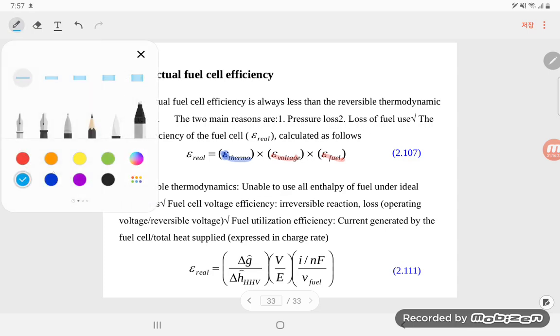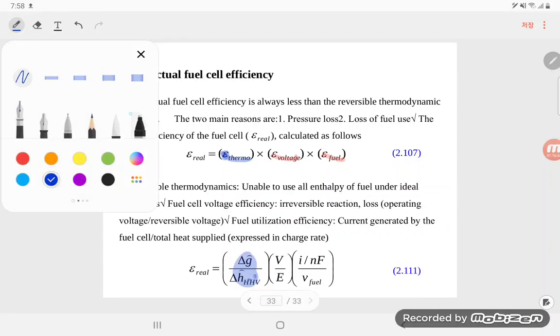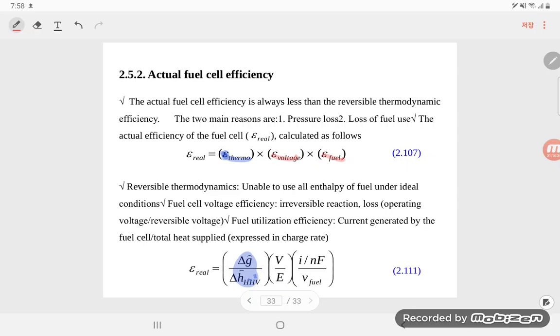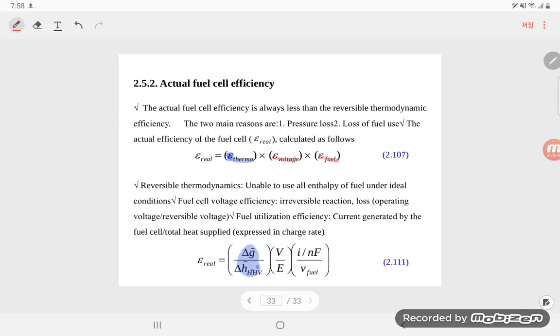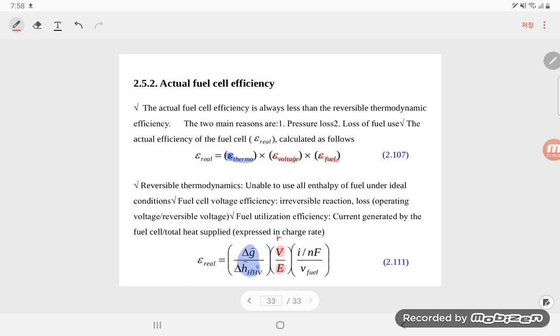Epsilon thermal is expressed like this: delta G over delta H, right? As we said. And the voltage efficiency is expressed as the real voltage over the ideal, reversible voltage, right?